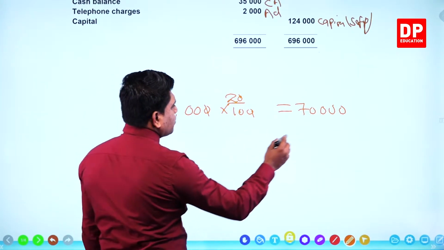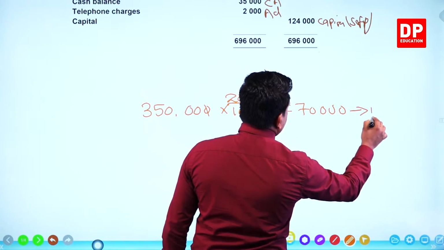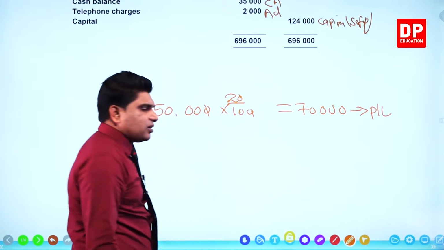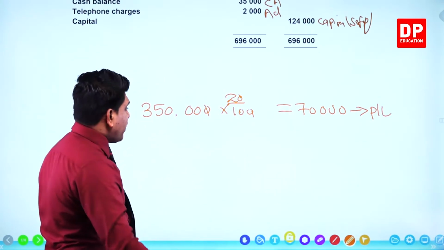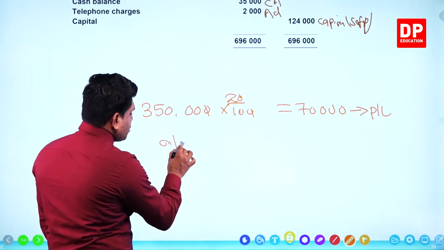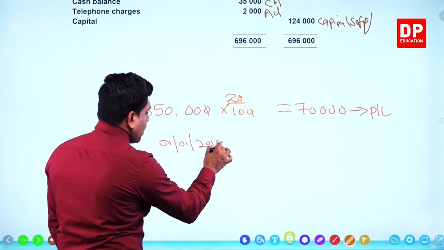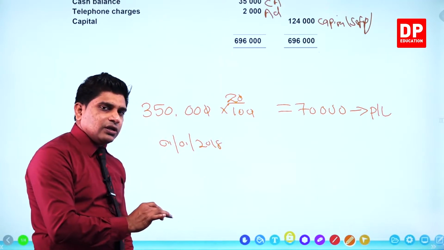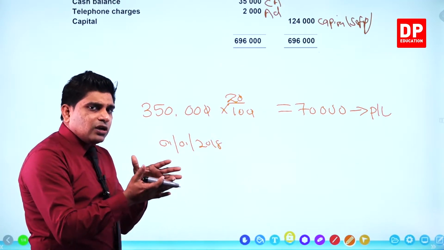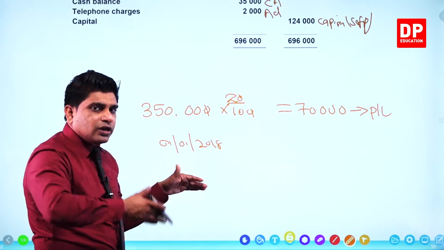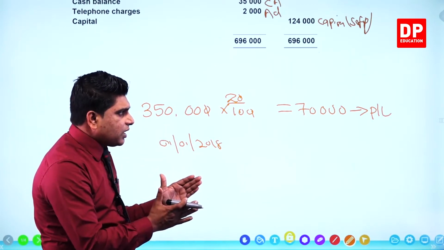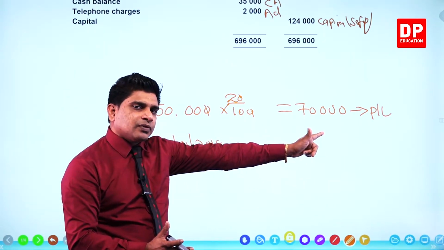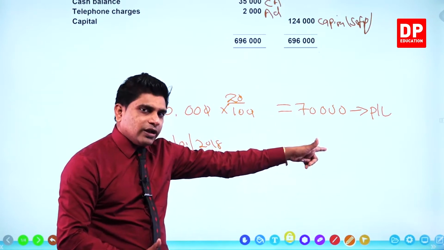Then 70,000. Where do we write? This is the annual depreciation. It goes to the profit and loss statement, right? Remember, the question provided accumulated depreciation up to 1st of January, but no depreciation from 1st of January to 31st December. The depreciation for this period we already calculated, right?